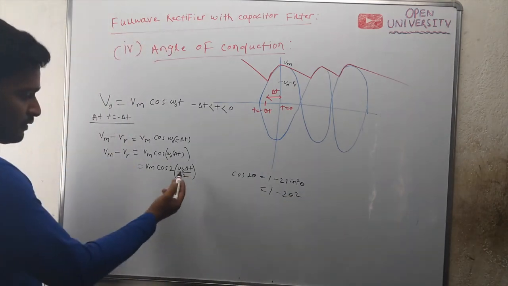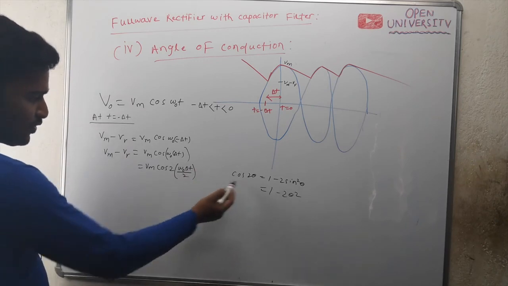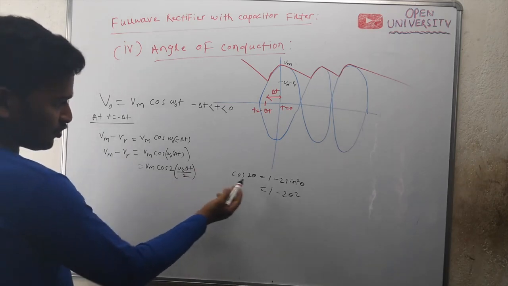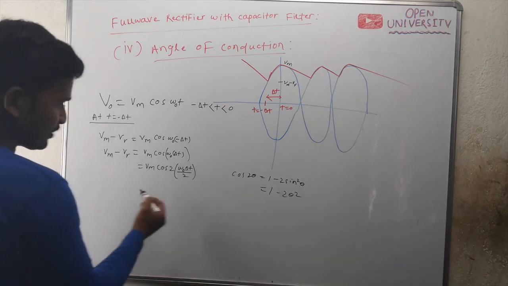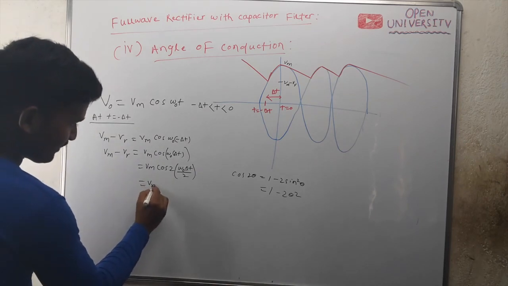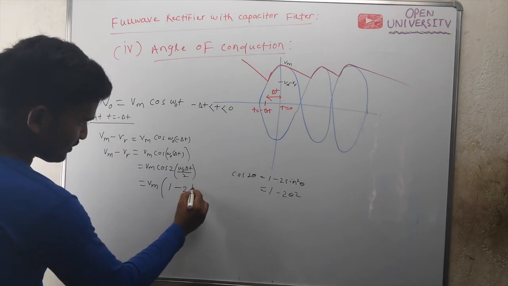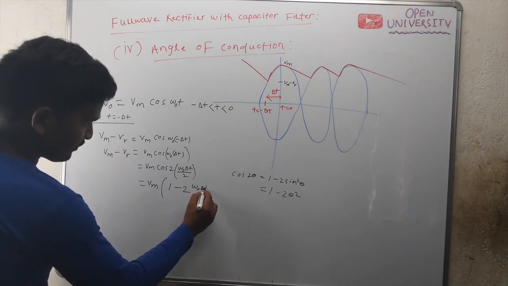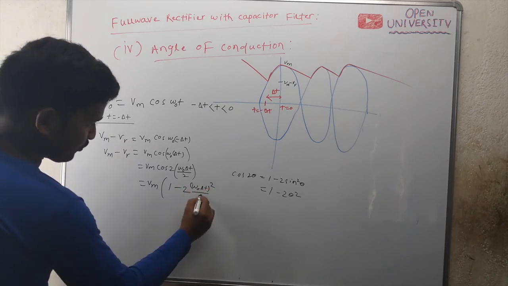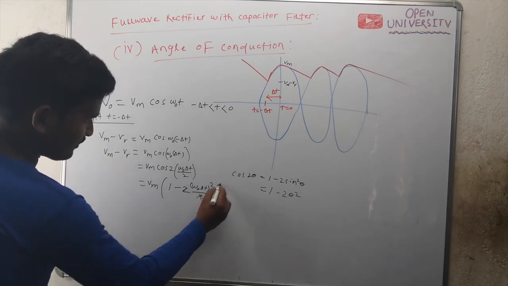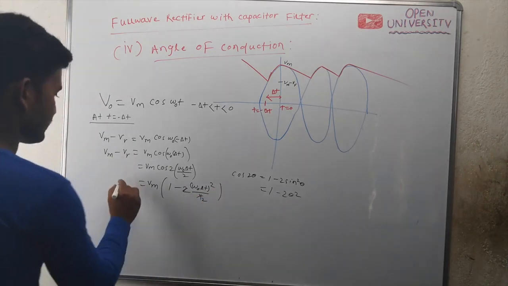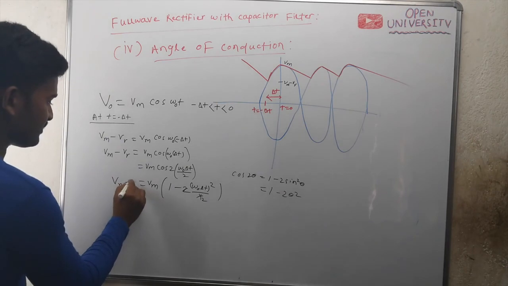Here delta t is small, so theta is small, so I can replace cos 2 theta with 1 minus 2 theta square. So it will be Vm into 1 minus 2 theta square, that is omega naught delta t whole square by 4. 2 and 4 cancel, so Vm minus Vr.